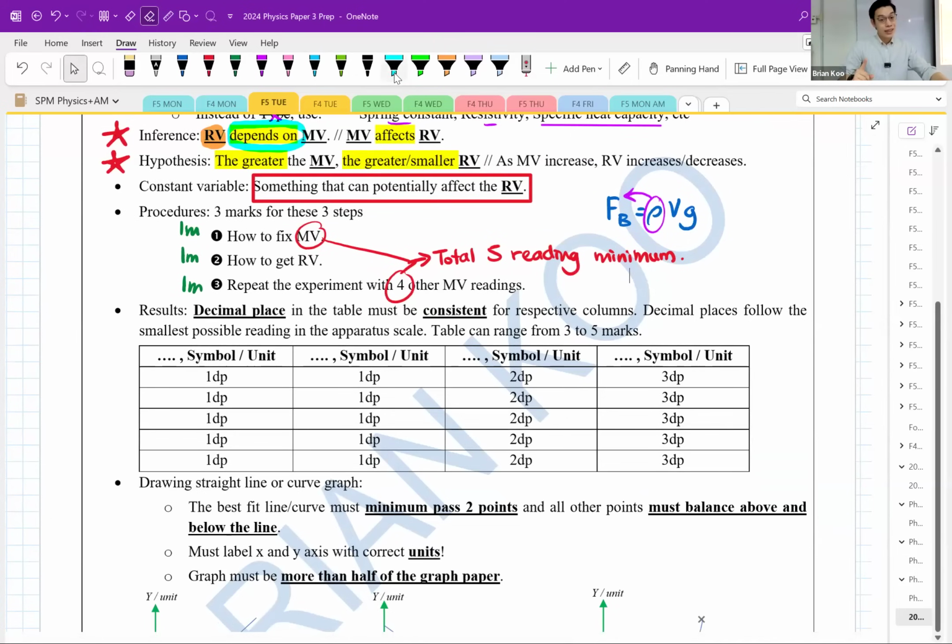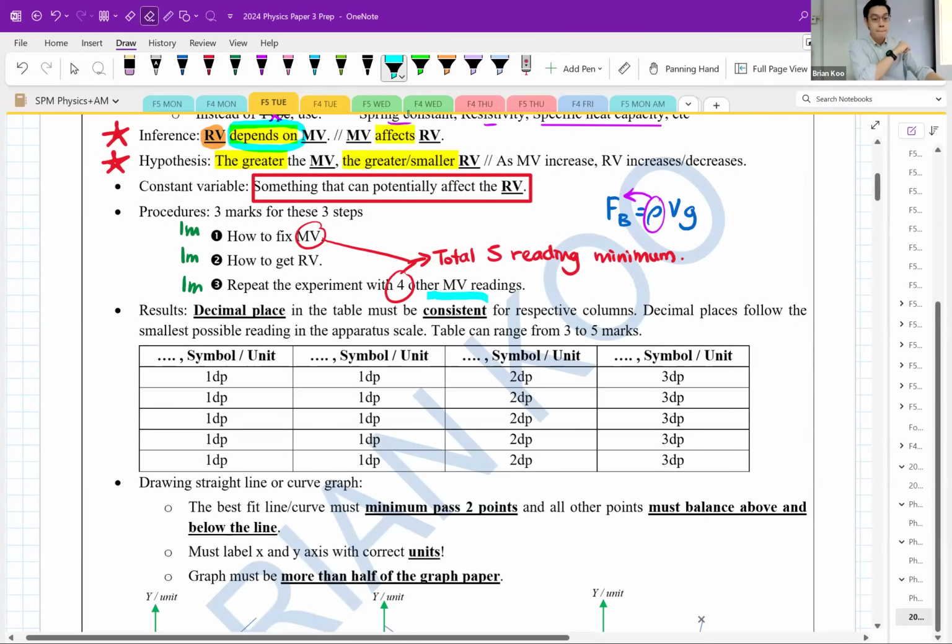I feel the number of decimal places is not so important as compared with the consistency. Okay. Do not stress about the number lah. You use your ruler. Let's say you use a meter ruler to measure something. If maximum, you can read up to like 22.3 cm, then everything will be 1 decimal place lah.